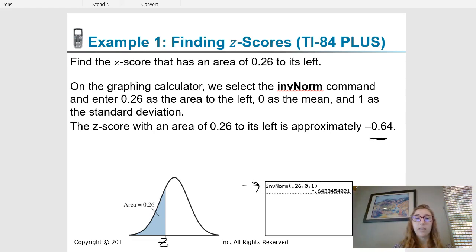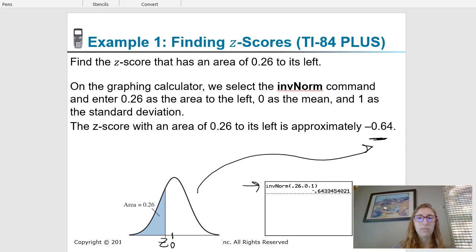Well, if your area to the left here is less than 0.5, then your z-score must be to the left of 0, because the area up until 0 would represent half of that total area of 1. So this area of 0.26 is not going to reach all the way to 0 because it's less than half. So we should have expected a z-score that's negative.